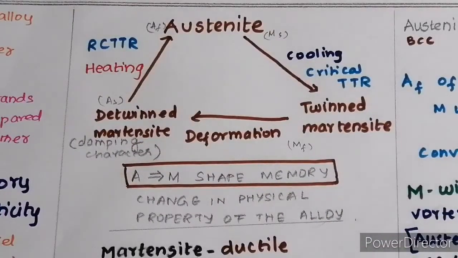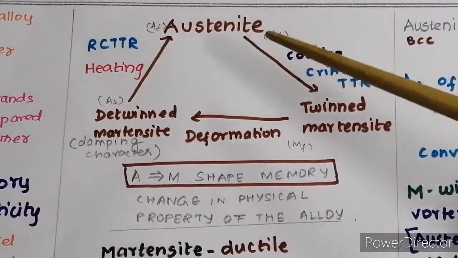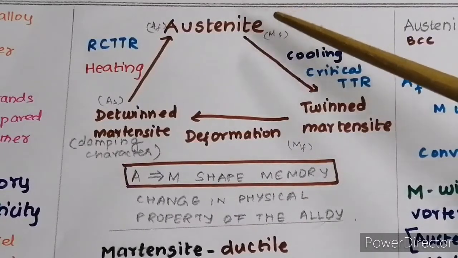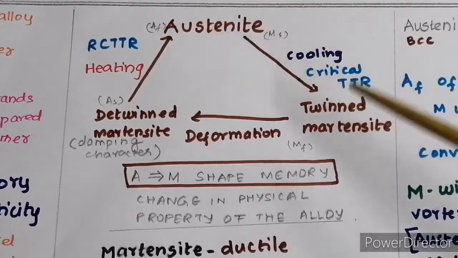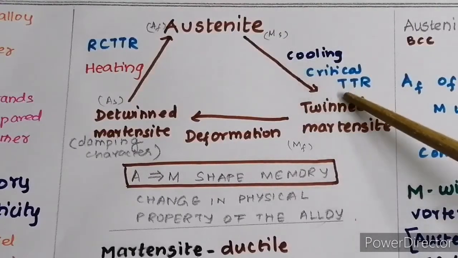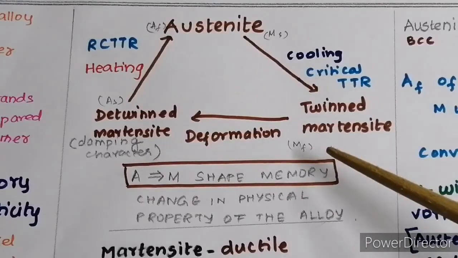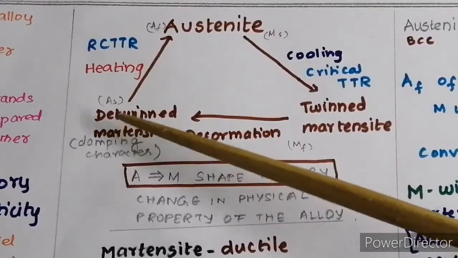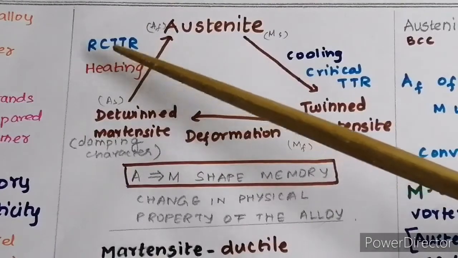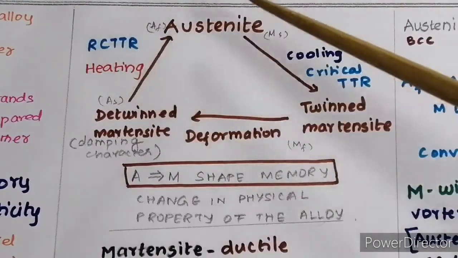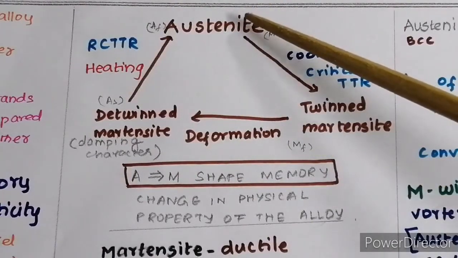This is the most important part to understand the basics behind the metallurgy of nickel titanium endodontic alloy. So this alloy during higher temperature ranges will be in austenite phase. So when we cool it through the critical transformation temperature range, it turns to martensite phase. So when we are going to heat it, reverse critical transformation temperature range, it turns back to austenite.